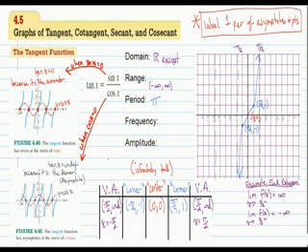I can repeat this pattern following every center point, 1, 2, 3, 4. So at 0, pi, 2 pi are all going to be center points. Same with negative pi and negative 2 pi. Now these points that I have nicknamed corner points are going to have the same relative position as those center points.